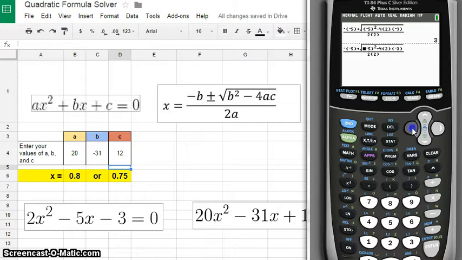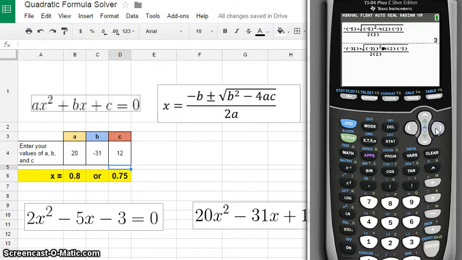So I have -b. My b in this case is -31. So that's going to be -31. Okay, -b plus, let's do plus first. Now my b is again -31. It's -31. B squared minus 4.